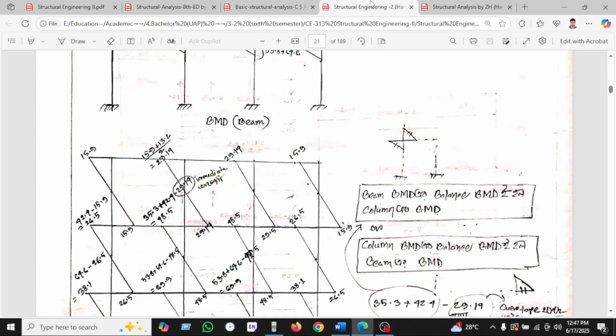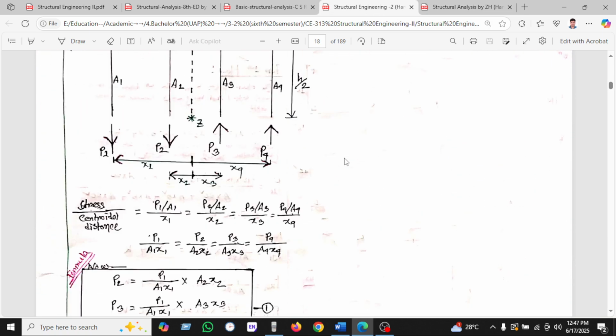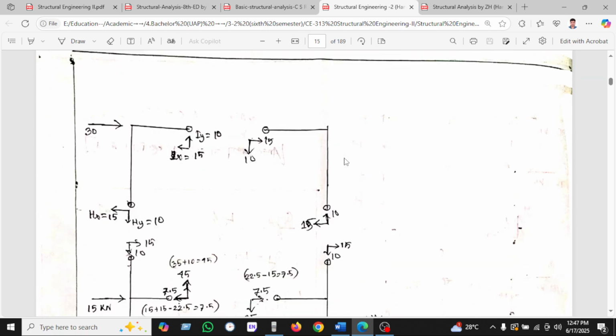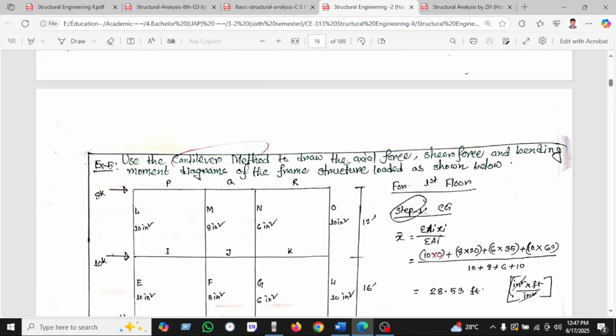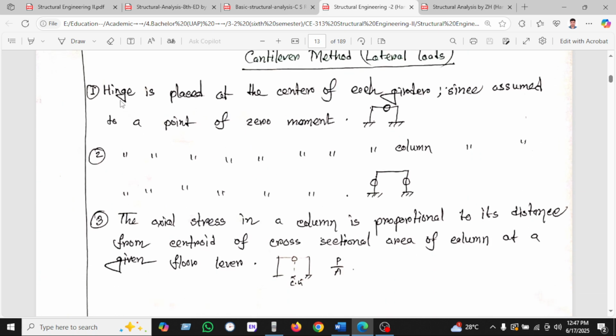If we go to my slides, you can understand what I mean. Cantilever method. Okay, the hinge is placed at the center of each girder, since this is assumed to be a point of zero moment. This is the girder, or beam.